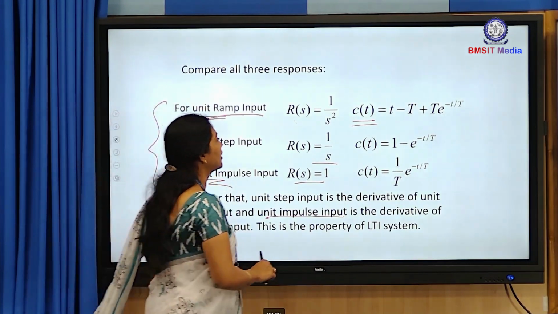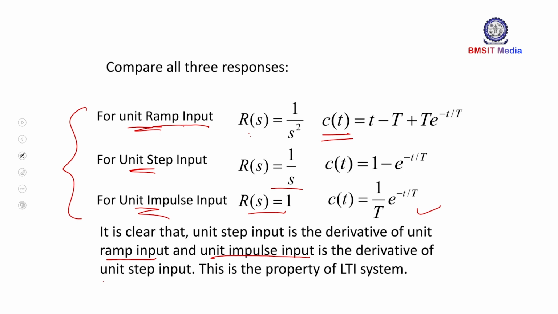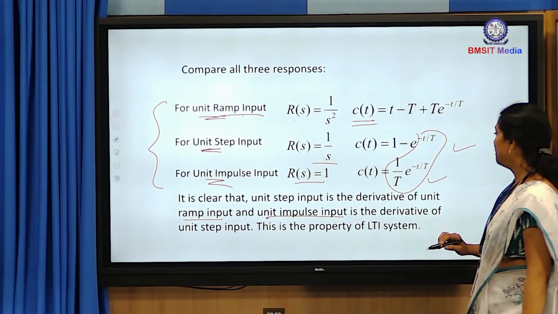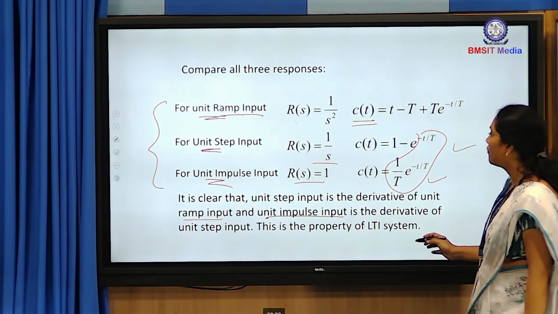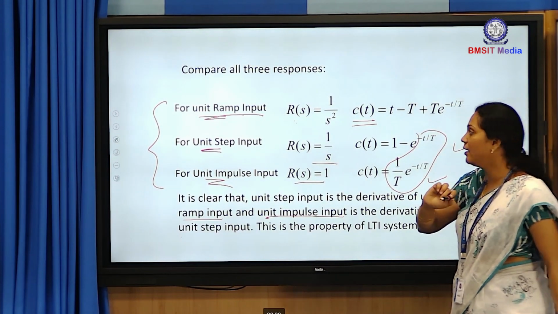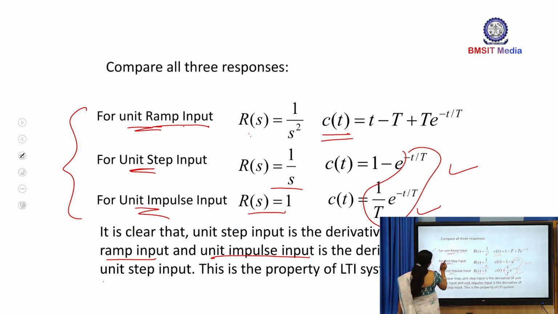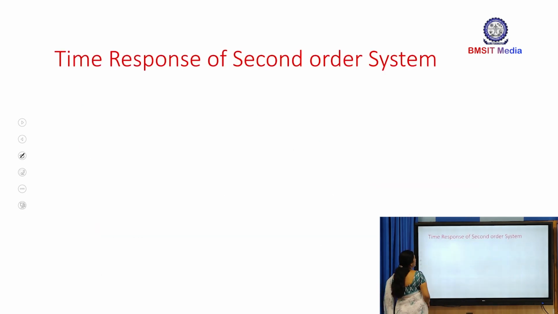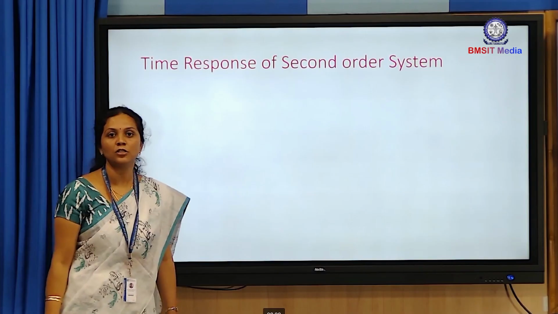Here you can see that both terms have an exponential term. So from the unit step you can derive the ramp as well as the impulse response.